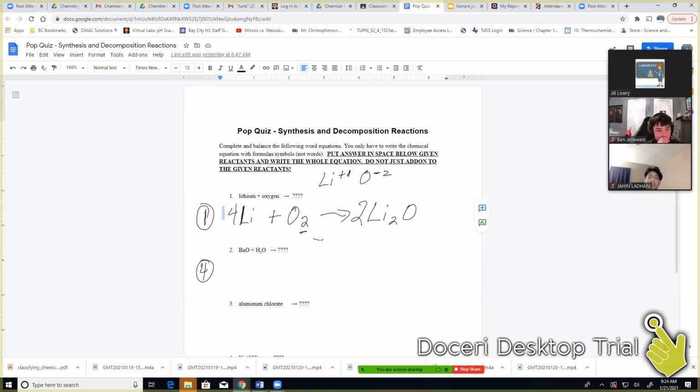And 4 says a metallic oxide, which is what I have here, plus water is going to form a metallic hydroxide. So we had barium oxide plus water coming together to form a metallic hydroxide.